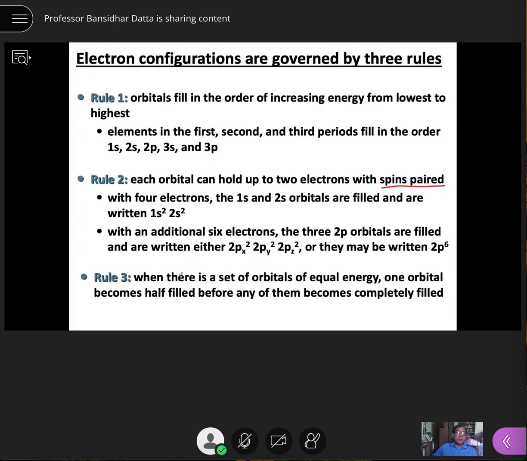Then, when there is a set of orbitals with equal energy, px, py, pz, one orbital becomes half filled before any of them become completely filled. In other words, px1, py1, pz1 before they become px2, py2, and pz2. So that's the third rule.